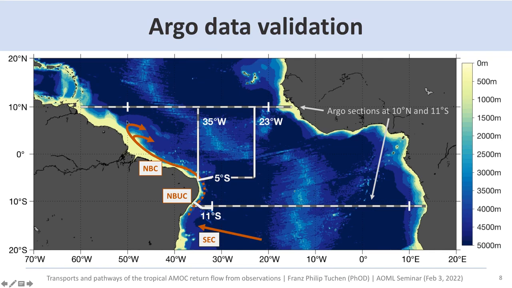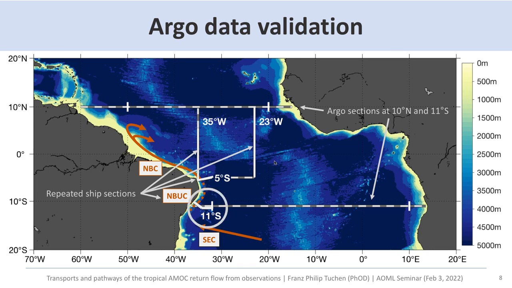And due to the complex circulation in the tropics, we also will be looking at different sections within the tropics and also equatorial crossing sections, which is quite important to include, because Argo data and geostrophic data, it's not possible to retrieve at the equator.